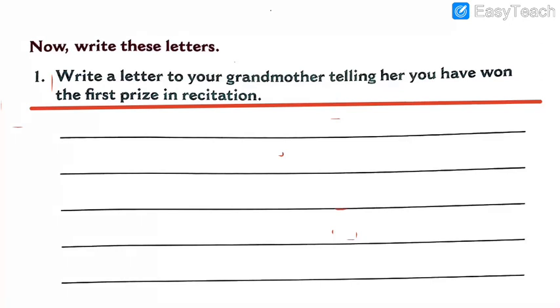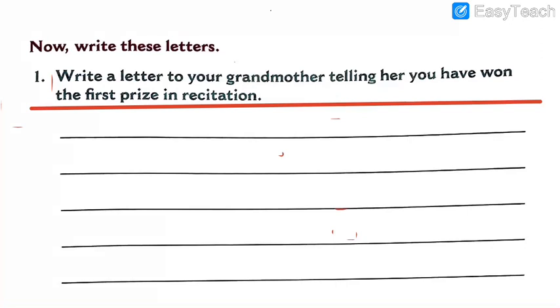So poem recitation competitions are there in the school, correct? So in that poem recitation competition, you have won first prize. And obviously you will be happy. So to inform the same thing, you have to write the letter to your grandmother.